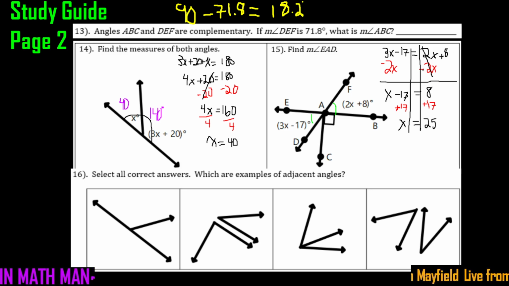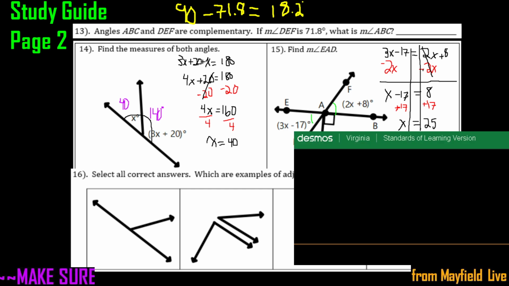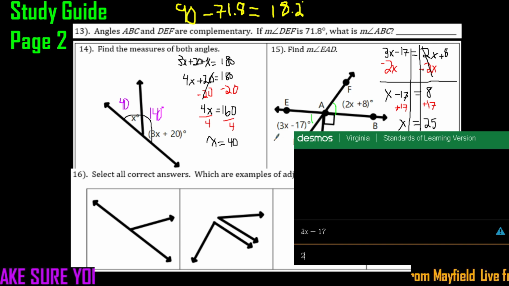And so now, to save myself some time, let me pull up that Desmos calculator real quick. Try to find it in here. Alright, so let me pull this up and show it to you guys. So if my one expression is right here, I can type that in. So I said 3x minus 17, and I have 2x plus 8.